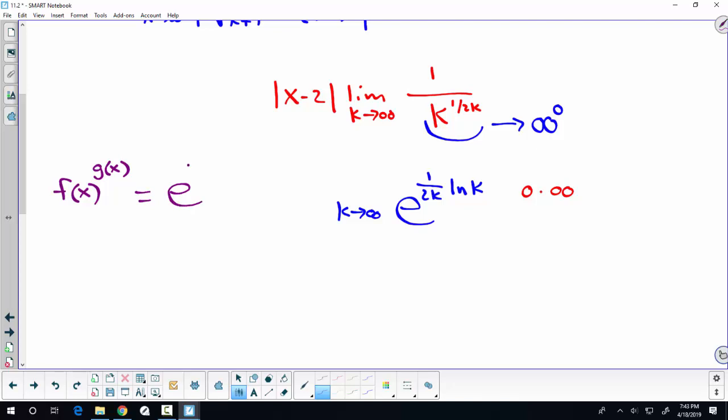Remember, if I take e to the ln of anything, I just get that quantity in the brackets because they're inverses of each other. So really we're taking e to the ln of f of x to the g of x here. And by properties of logarithms, with the logarithm of something raised to a power, the power comes out front to multiply the logarithm.